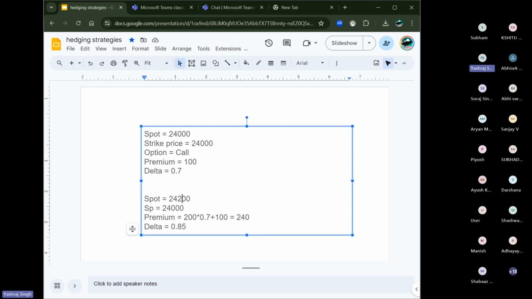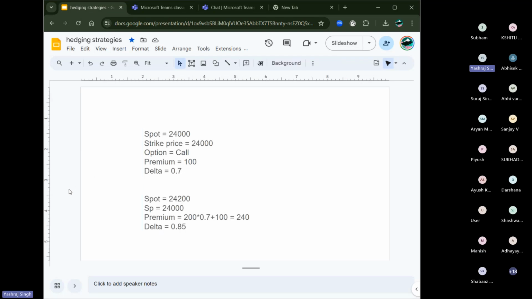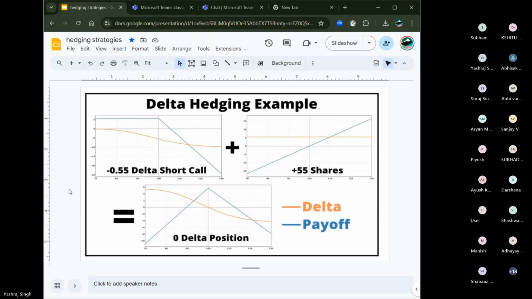If you are okay with this, that I can make money from this to this, then you can let these settings remain the same. Then your payoff graph will look like this.